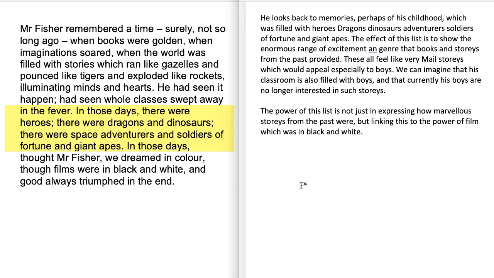This contrast suggests that in his childhood, films were not as powerful as books, where we dreamed in colour, full stop.